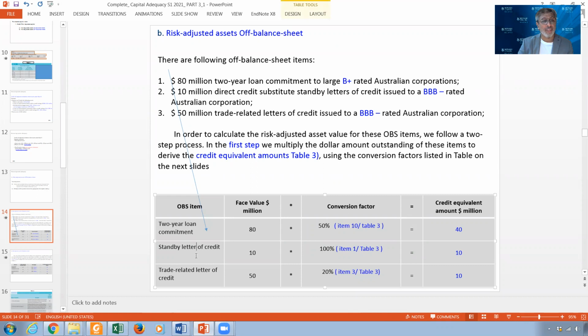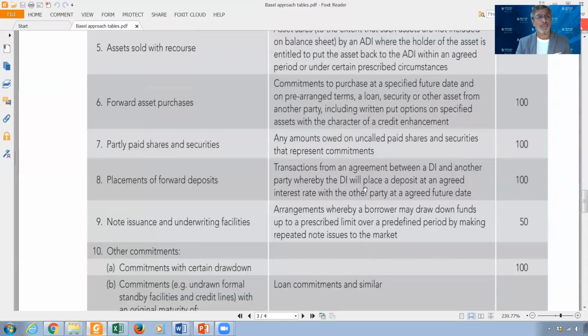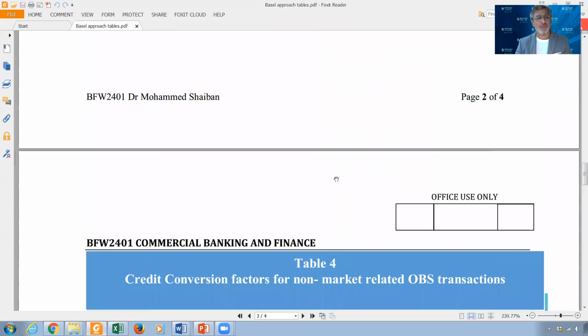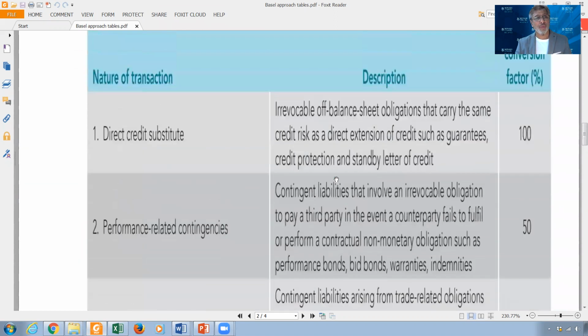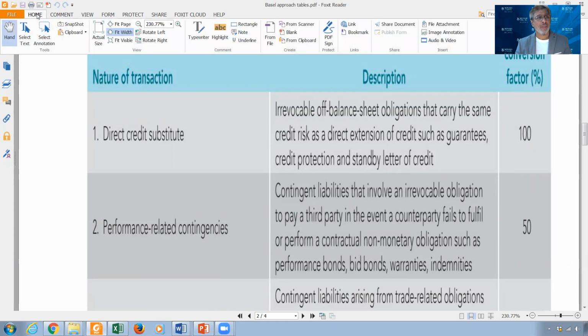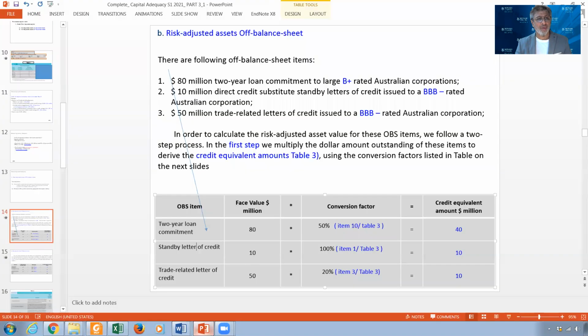Now, standby letter of credit. Standby letter of credit is actually coming in item 1 in table 3, which is this one. You have to have the tables in front of you. So this is the standby letter of credit, and it is 100%. So when I go here, I multiply by 100%.